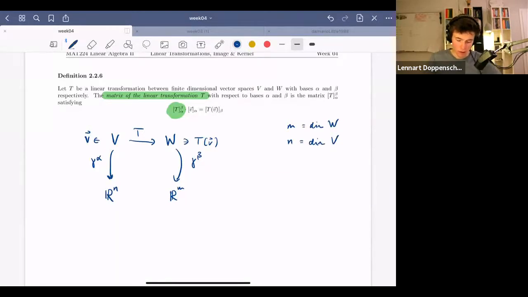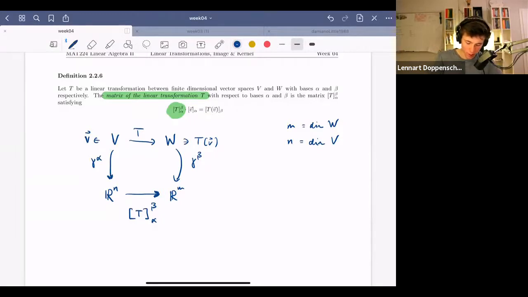And now the transformation goes from V to W, but a matrix, if we multiply a matrix, it doesn't really take any vector, it has to be an n-tuple. So we can think of the matrix of the transformation T alpha beta to be exactly taking the coordinate vector.